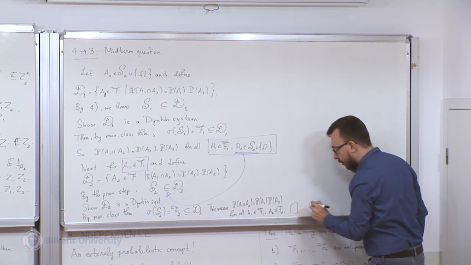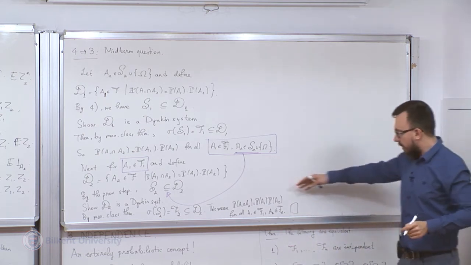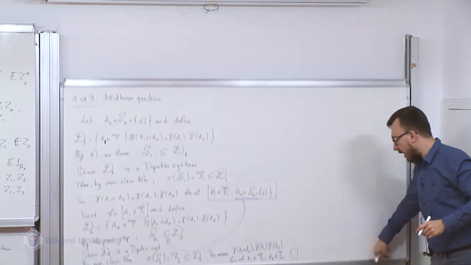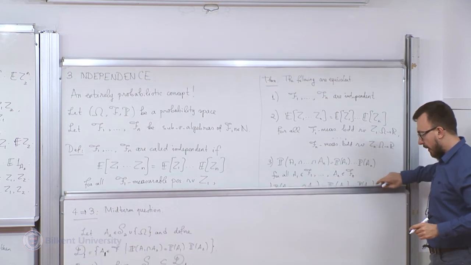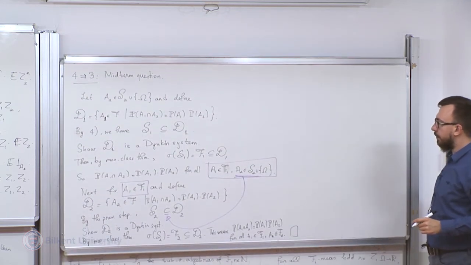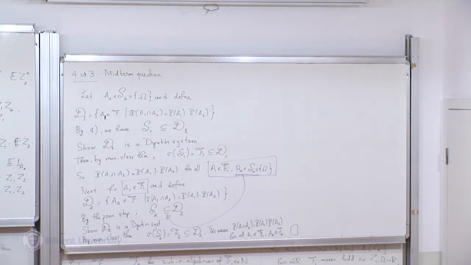And this is what we wanted to show, because this is the definition, this is the property in number 3 here. Right? So this finishes our proof using monotone class theorem twice.